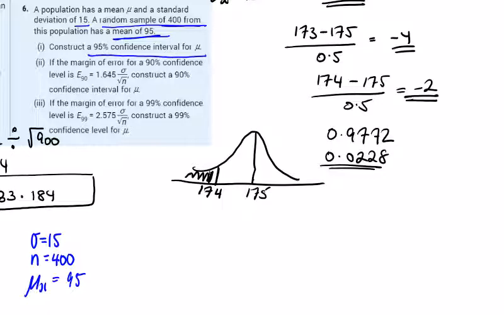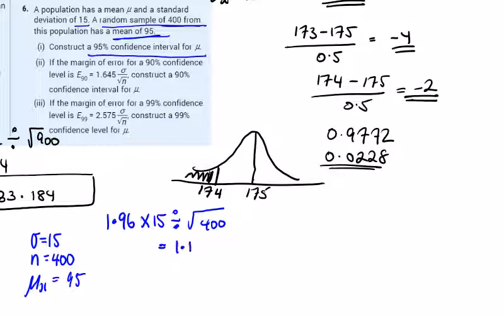Let's construct this 95% confidence interval. We need the margin of error, 1.96 multiplied by 15 divided by the square root of n, the square root of 400, which is 20. I'll write square root 400, it's probably better maths. So 15 divided by 20, so we're getting 3/4 of 1.96.